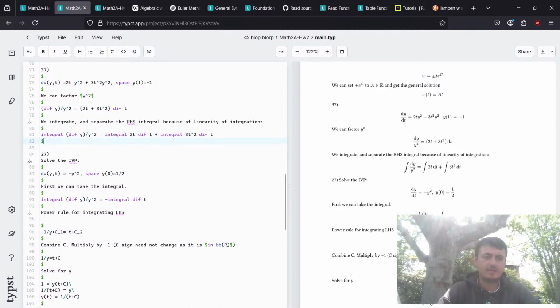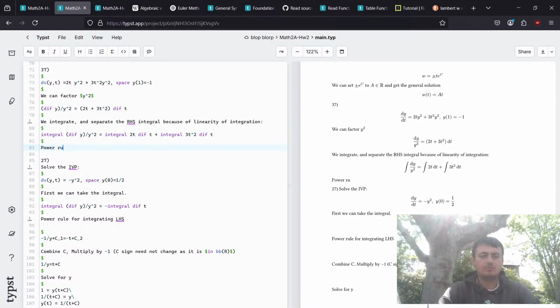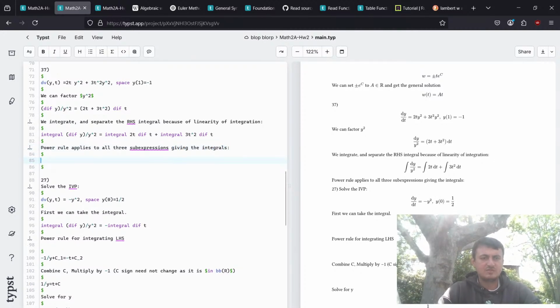Okay, now we get the power rule on the left-hand side. The power rule applies to all 3 sub-expressions, giving the integrals. So this is y to the minus 2, so we're going to get y to the minus 1, minus 1 over y.